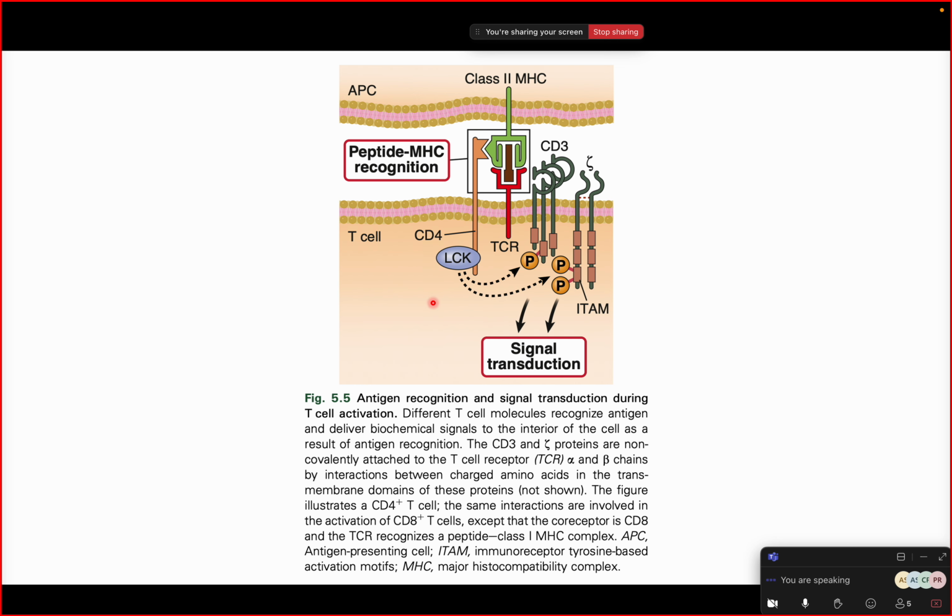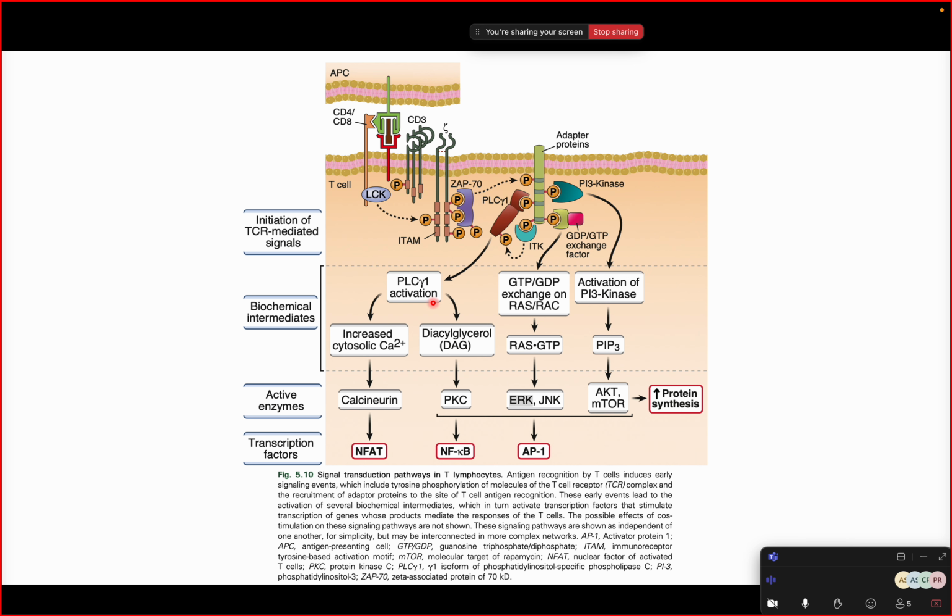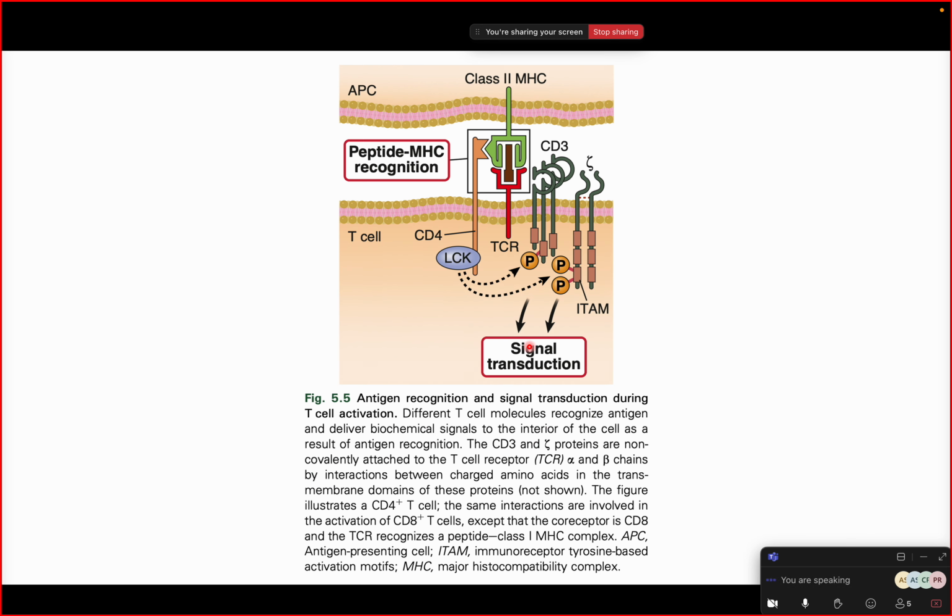Now we'll move towards the signal transduction which I just mentioned. There are some standard signalings which occur in the cell. The ultimate end step of the signaling is to change the biochemical nature of the cell. Let me summarize it. If we say signal transduction, what possible things can happen?